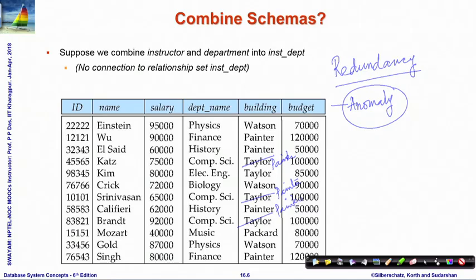So, if I have a change, then I will have to make the change at multiple entries. Think about the earlier situation where I just had these 3 in my department relation, then naturally computer science had only one row, and therefore this update could be done at only one place.